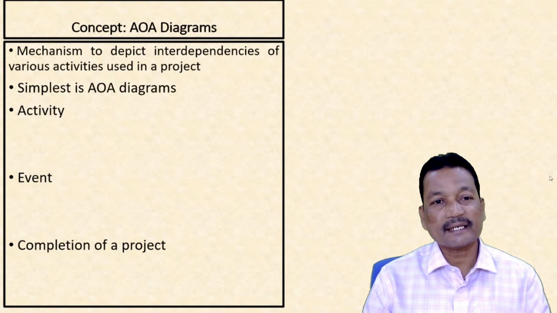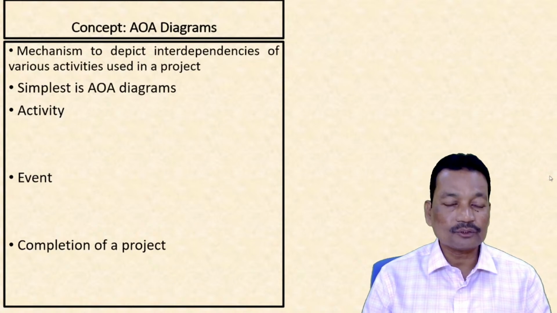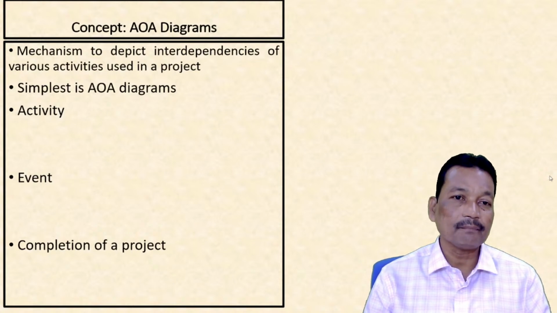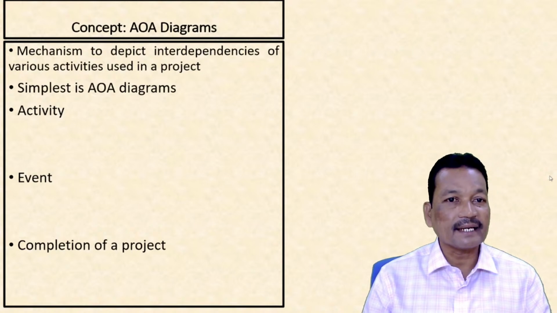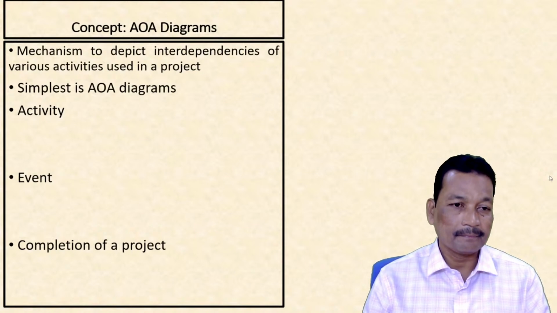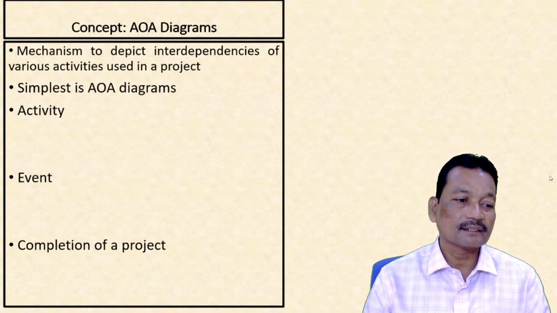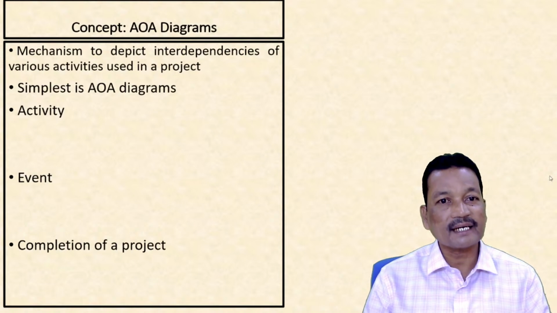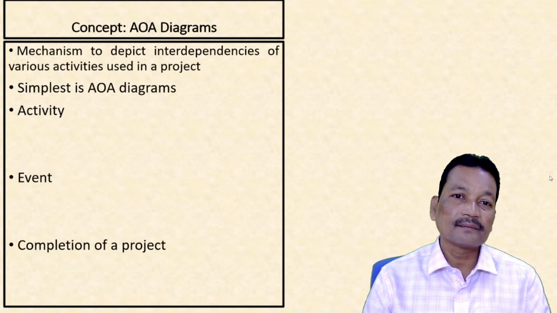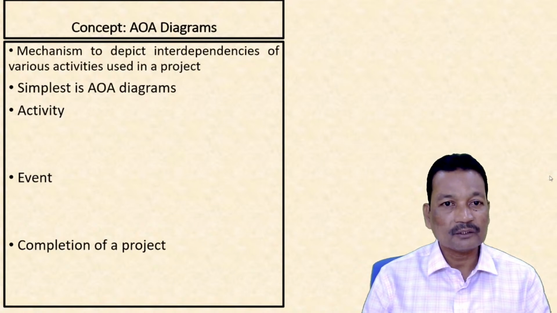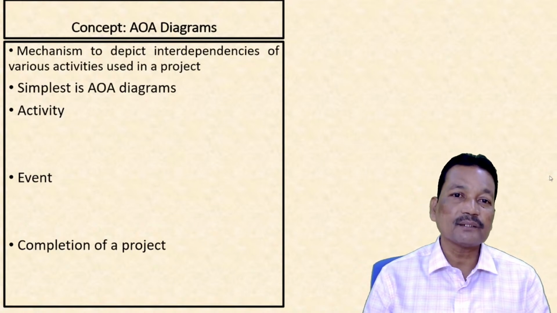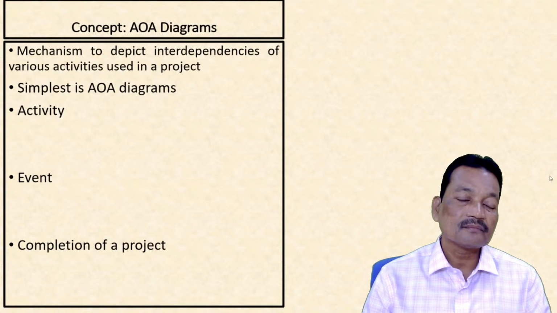So when you show activity on arrows in a network diagram, we call it an AOA diagram. Now, we shall see some of the basics while using AOA diagrams, which can help us create the network diagram. At the beginning stage, we shall use some simple forms.